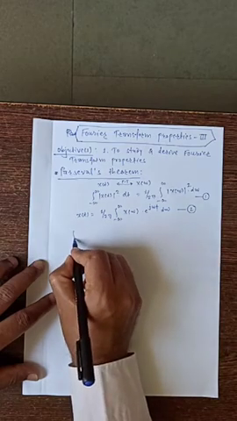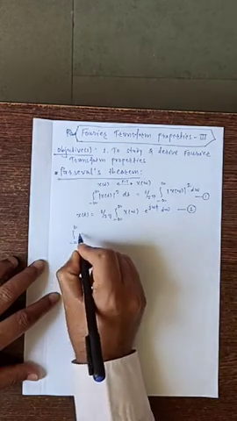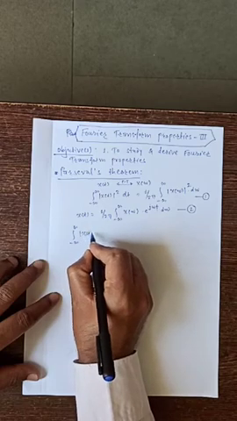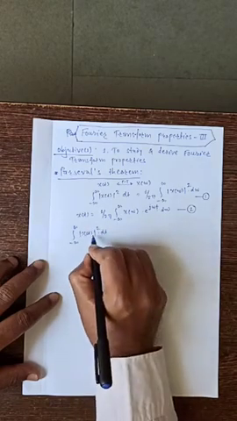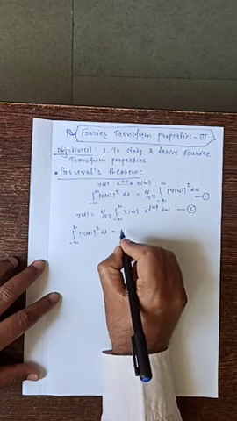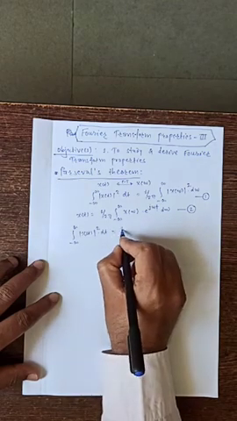So integration from minus infinity to plus infinity of magnitude of x(t) squared dt is equal to 1 over 2 pi.